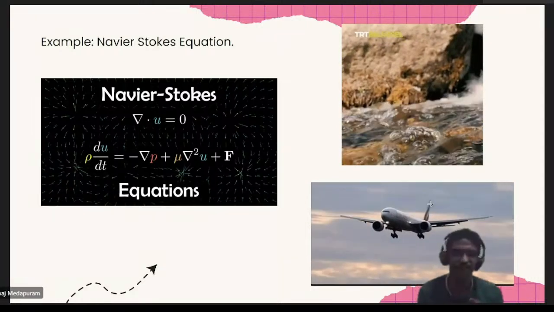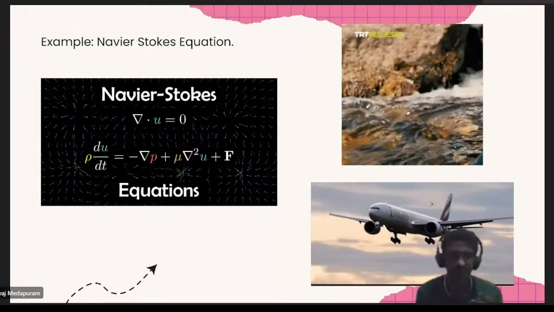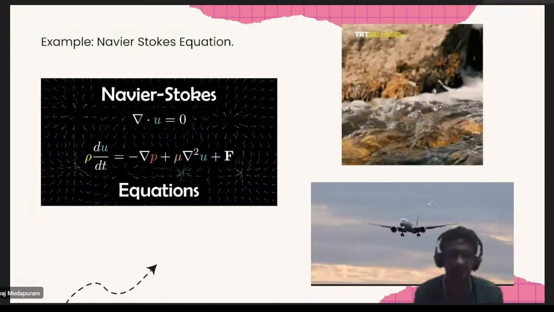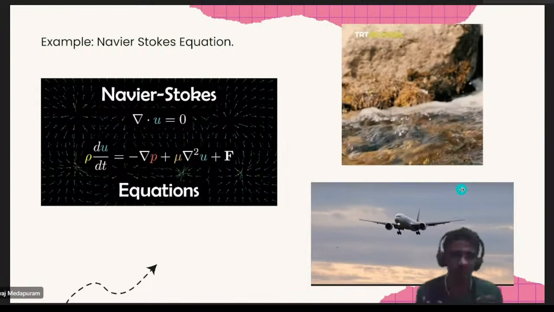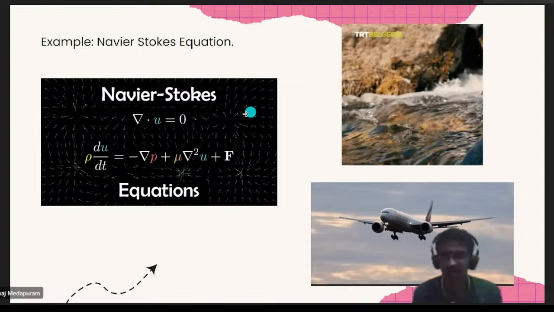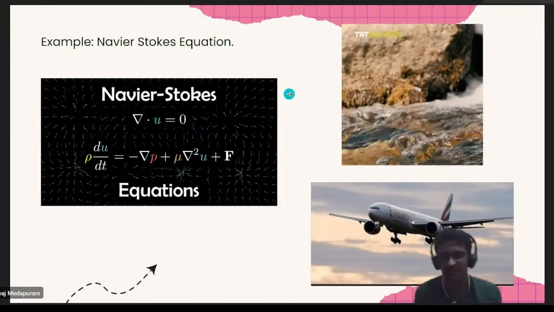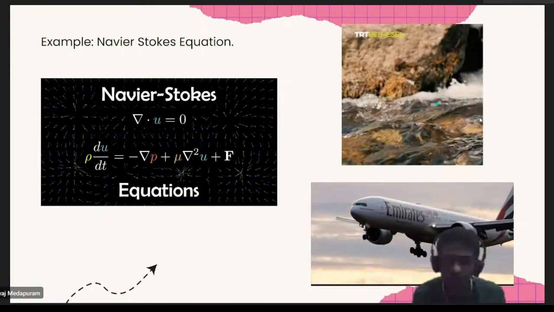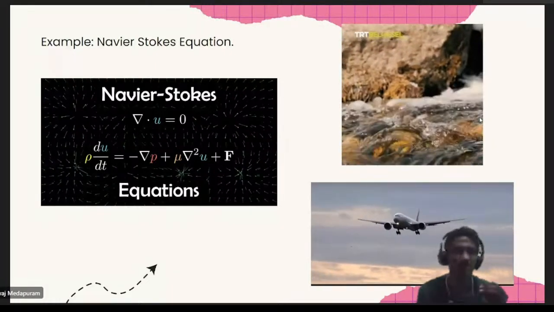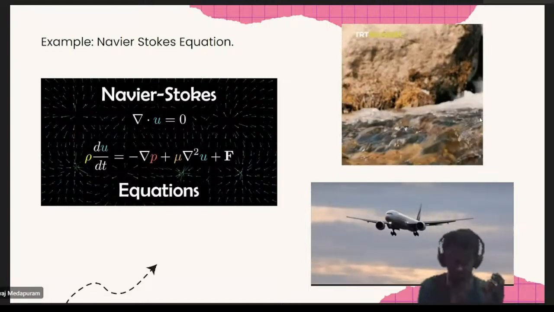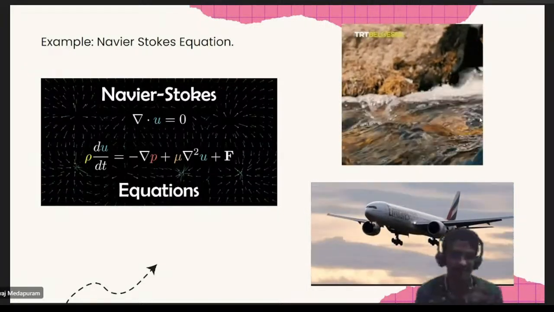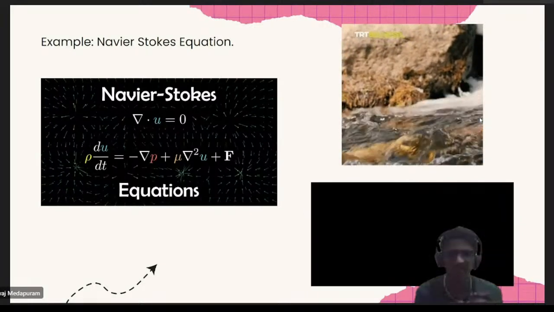But what if you are required to solve them in real life situations with air drag and many other phenomena happening in everyday life? It's not completely possible to include all the terms in this equation and solve it analytically. We have the friction here, we have external forces, we have the pressure gradient and so on. So it's not possible to completely solve the system by hand. Hence we apply some simplifications or assumptions on the system to make the differential equation simple and analytically feasible to solve. But that's not always the case, right?